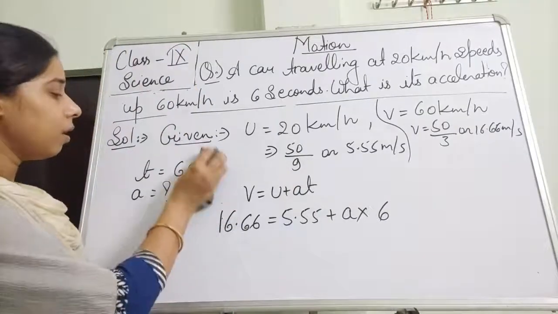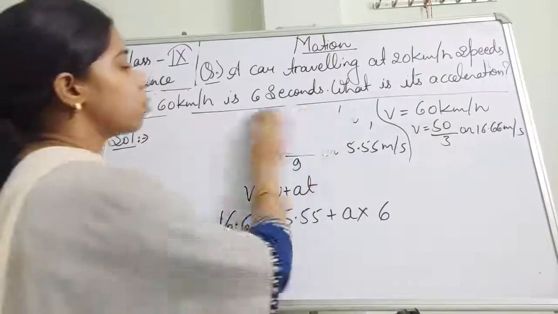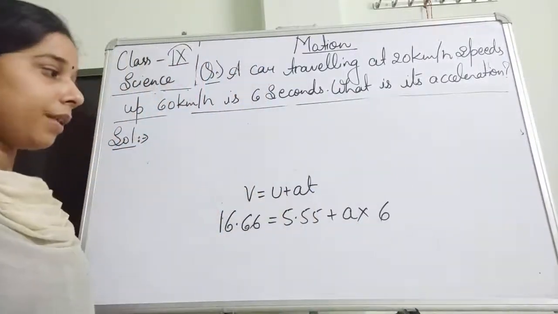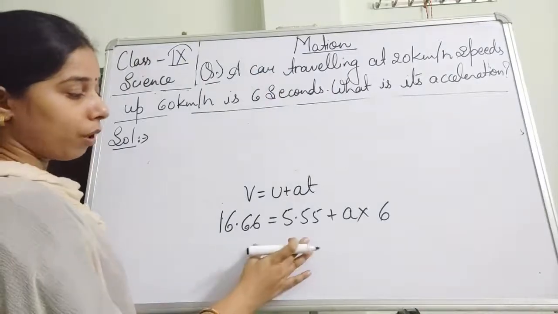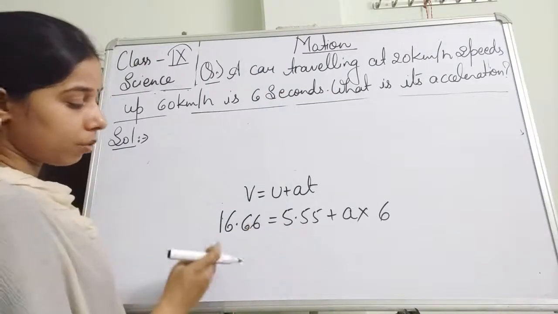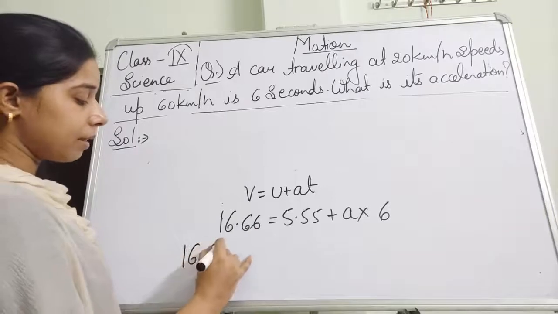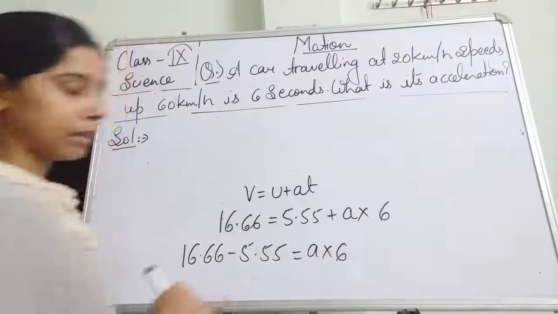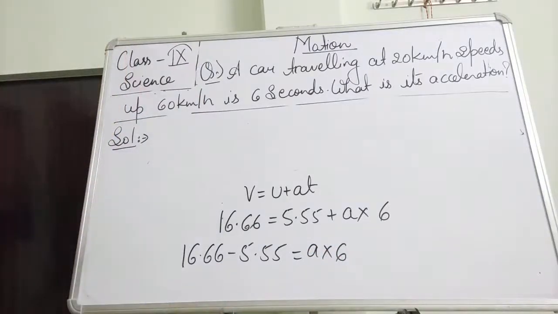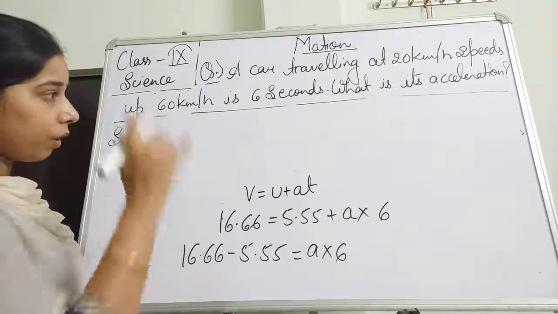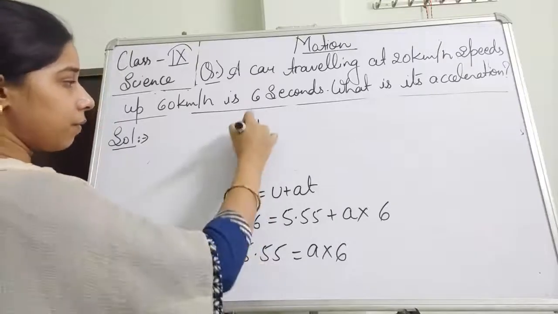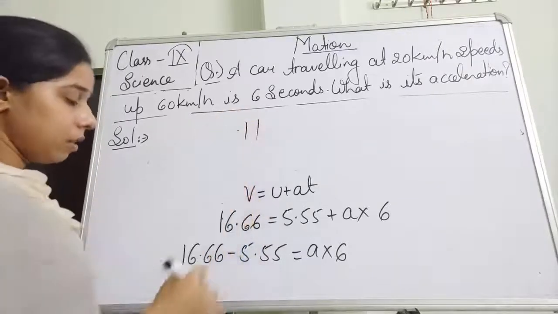So we can simply solve it easily. Now you see here, students, when this one comes to this side, it will become 16.66 minus 5.55 is equal to a into 6. Acceleration is what we have to find, students. Now when you subtract both of them, 6 minus 5 is equal to 1, again 6 minus 5 is equal to 1, point.